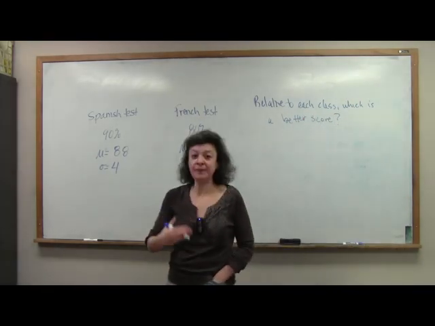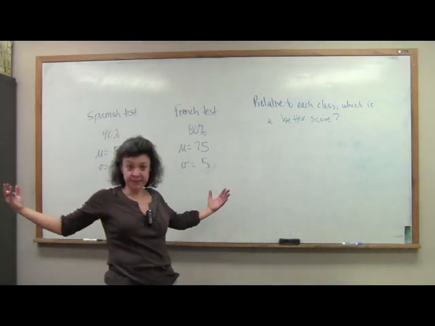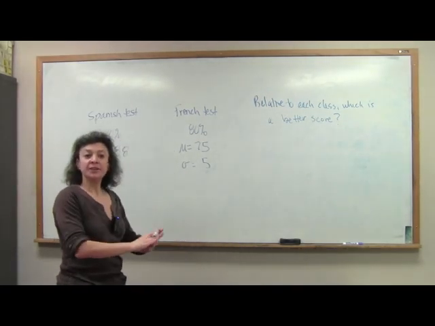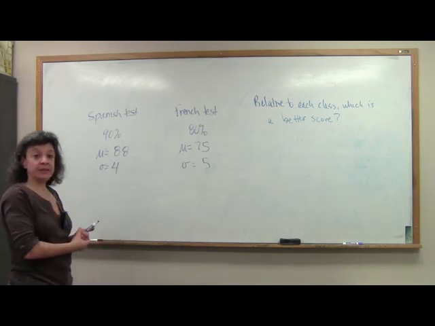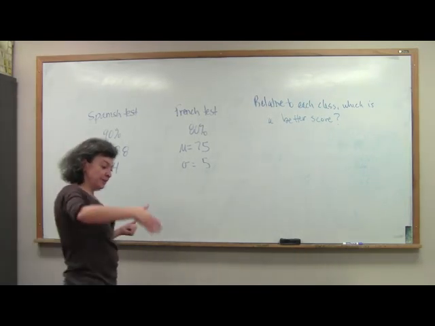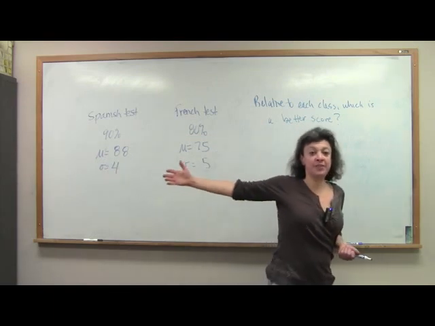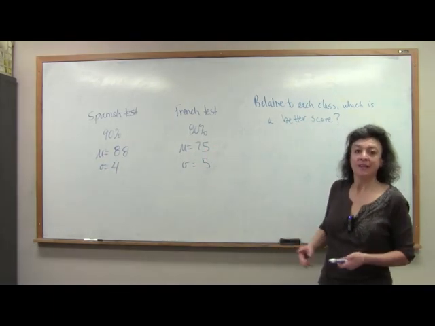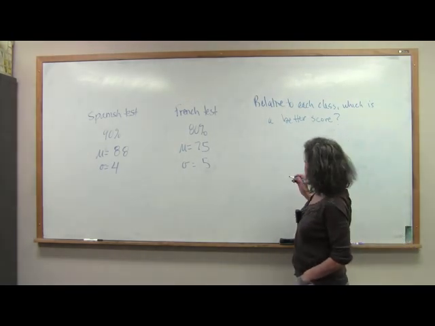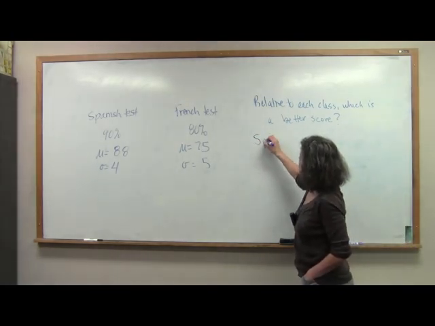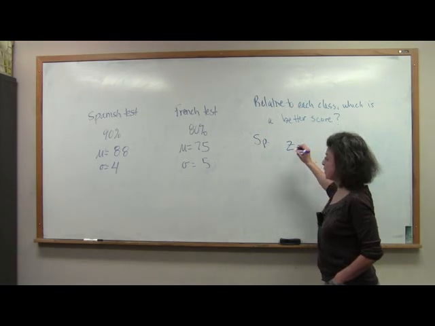Okay, taking into account the average and the standard deviation, how spread out the scores are, which class did you score better in? Well, clearly the further above the mean that you scored is going to be the better test. So let's do our Spanish test and find our z-score.